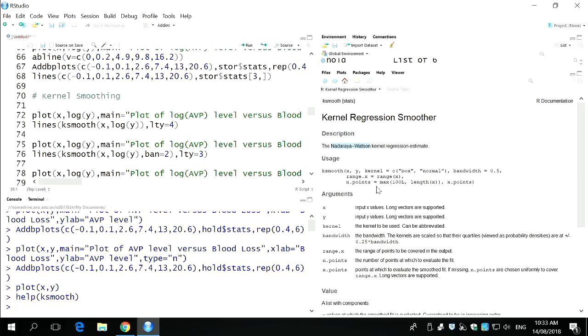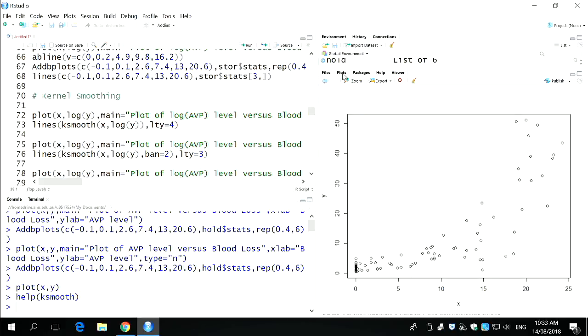Okay, so these are our options. So let's do it. Let's go. So let's put the plot back on the page. By the way, in this thing here, you can see plots are under this tab, so that plot's still there. Okay, so I go lines, Ksmooth. I give it X, I give it Y. Okay, so it's kernel equals. So I've got a choice of box or normal.